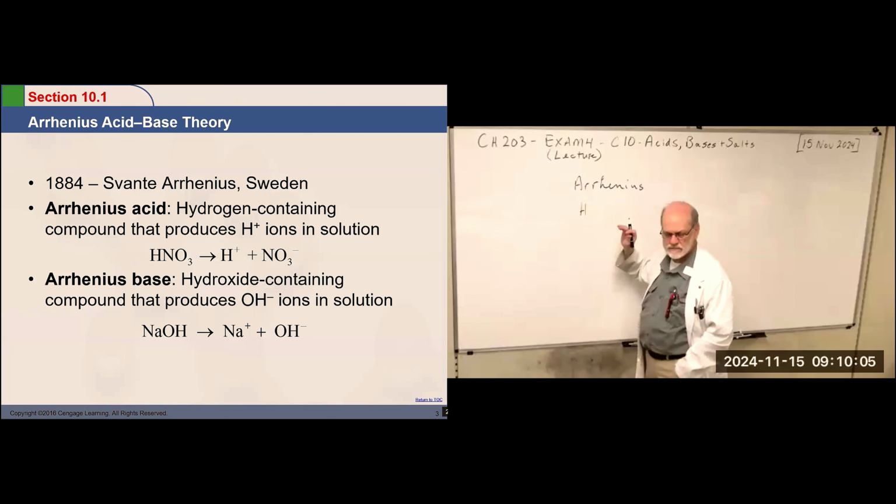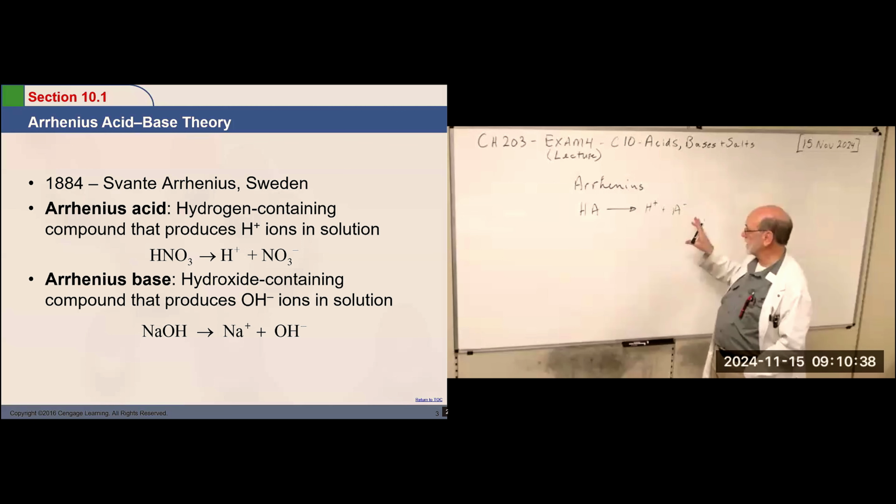And the reason we put these hydrogens out here is because those are the ones that can break loose from the molecule into solution. So what they do is they release this proton and the electron stays behind. That gives whatever is left behind a negative charge.